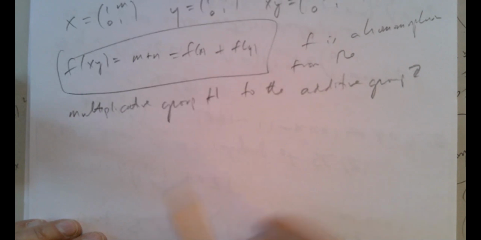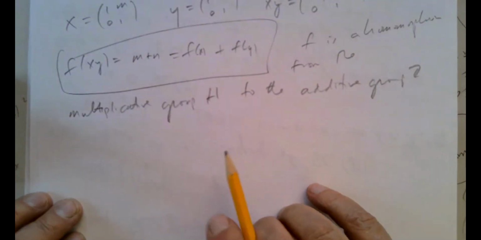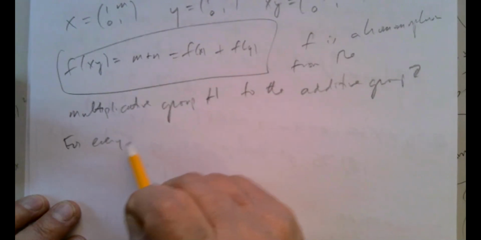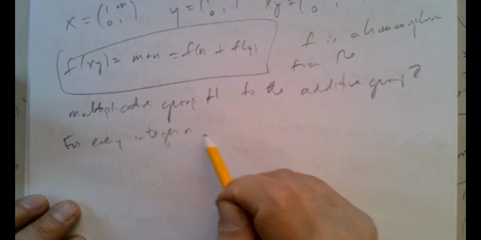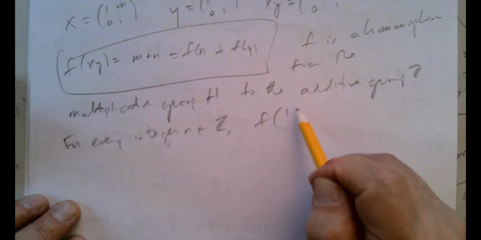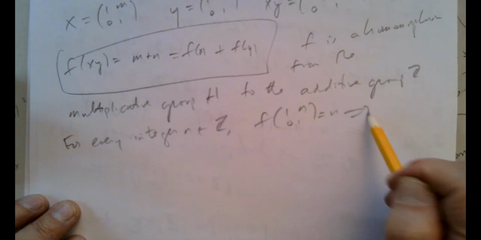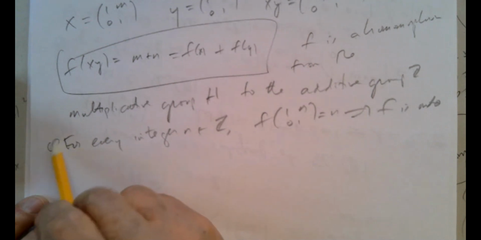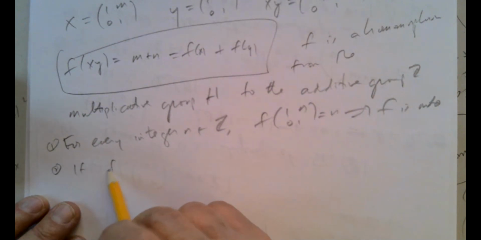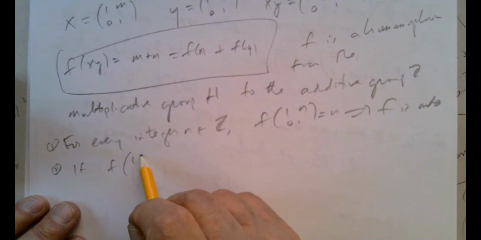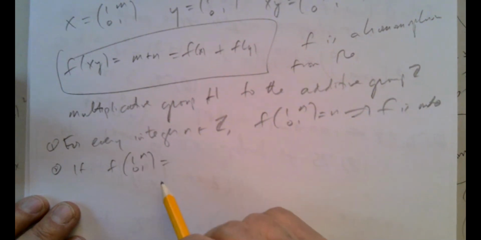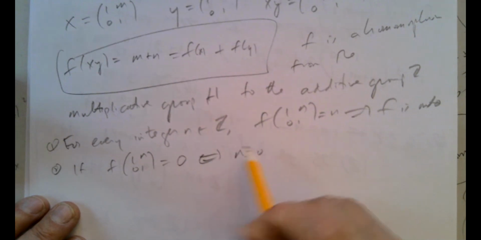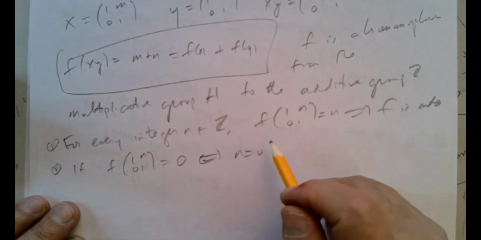And to show it's an isomorphism, we have to show it's 1-to-1 and onto. So for every integer n in Z, f of the matrix 1, n, 0, 1 equals n. So f is onto. And so that's the first step. And if f of some matrix 1, n, 0, 1 equals the identity, equals 0, that's true if and only if n is 0, because f of this matrix is n.